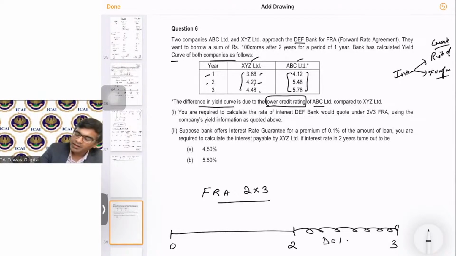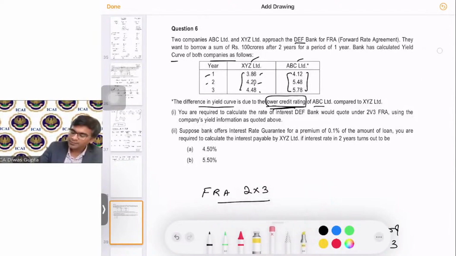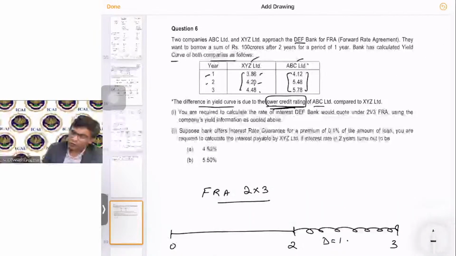Risk of non-payment we discussed here. So the same thing is clearly told here, that ABC Limited is being charged higher interest because of higher risk of non-payment, as credit rating is low. I hope you are able to link it.